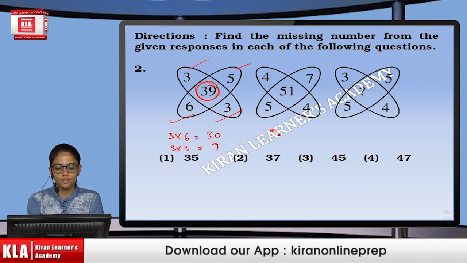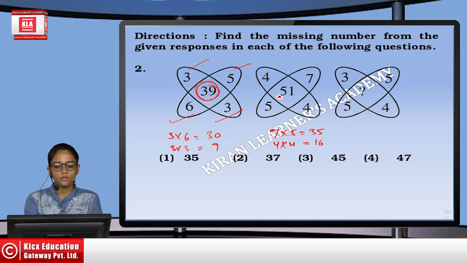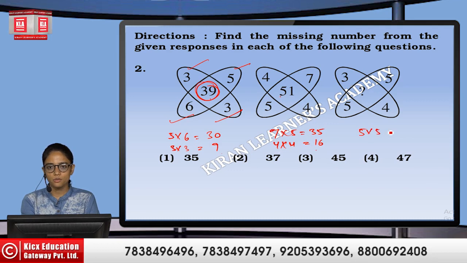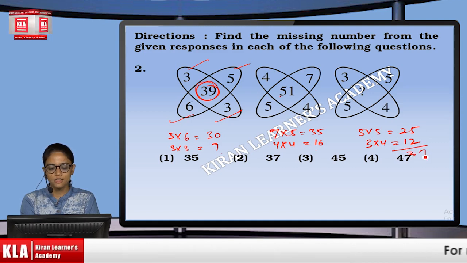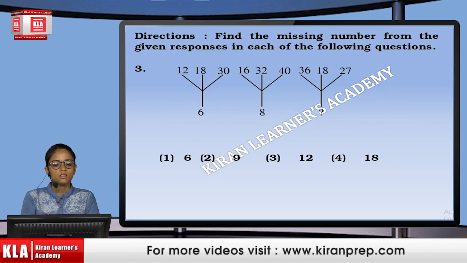Similarly, 7 into 5, 35. 4 into 4, 16. Add them up, we get 51. Then similarly, 5 into 5 is equal to 25. 3 into 4 is equal to 12. If we add them up, we will get 37. The option number 2.